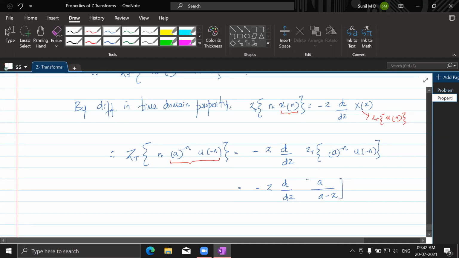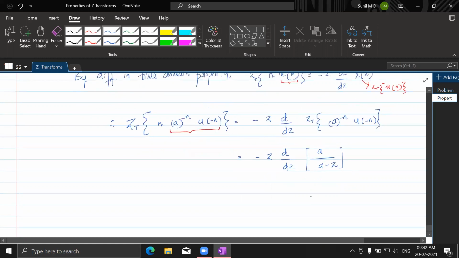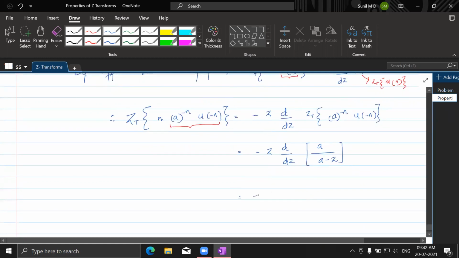Fine. So this we need to differentiate now. How can we differentiate that? It's minus z, and now we need to differentiate this with respect to z. Since we are differentiating with respect to z, a is a constant, so it's 0 into a minus z, minus, keep a itself and take the differentiation of the denominator, that is 0 minus 1. Fine with that?